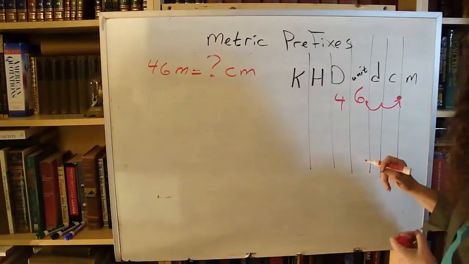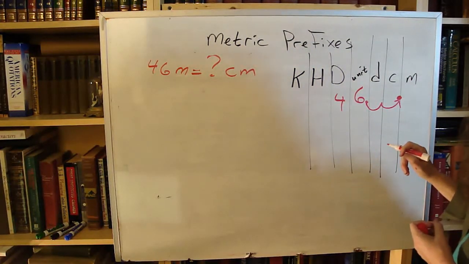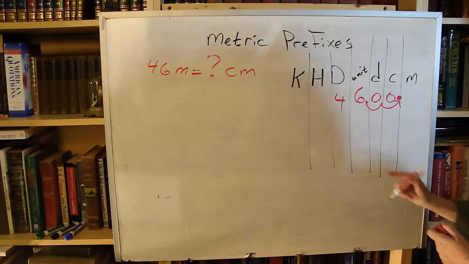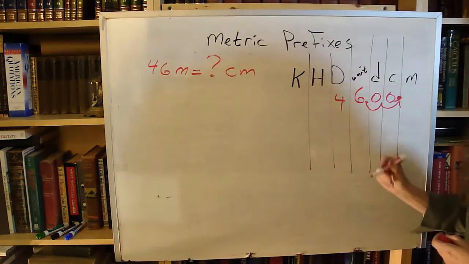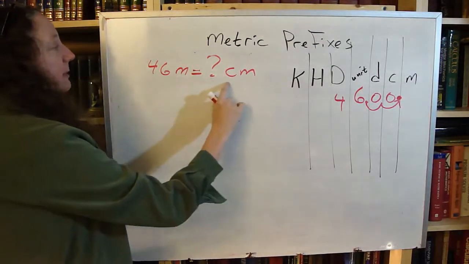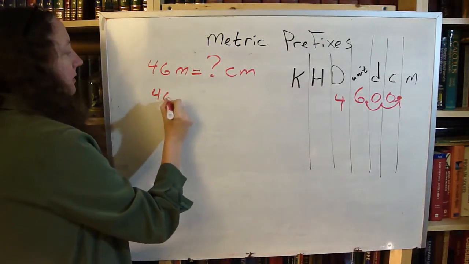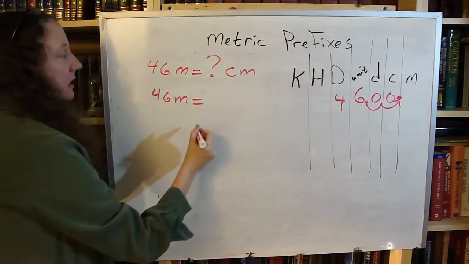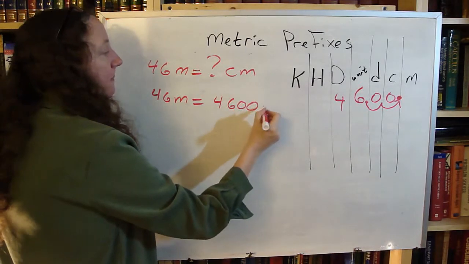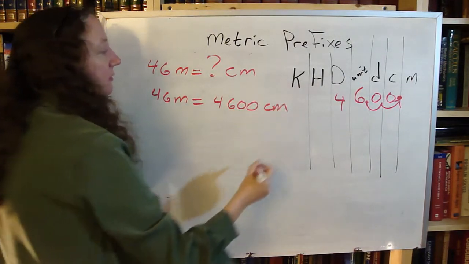I need to fill in zeros to hold that decimal point in place. I now have my answer. 46 meters is 4,600 centimeters.